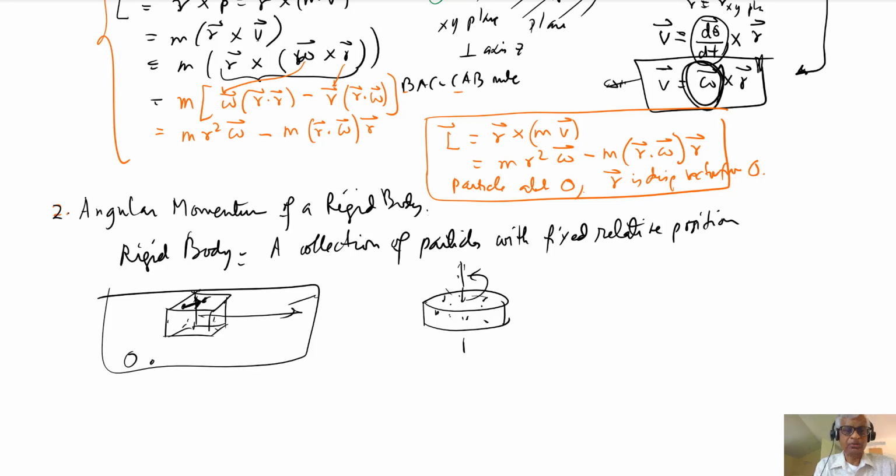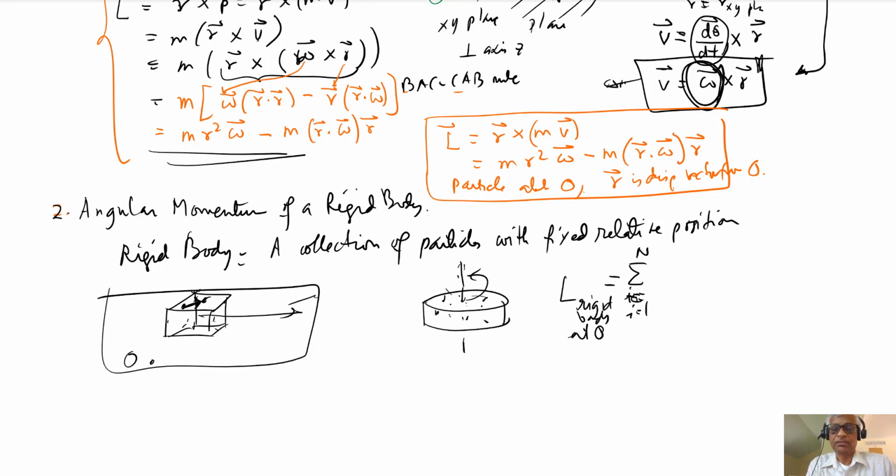So how do you find the angular momentum of a rigid body? Well, over here is the angular momentum of a single point mass, and this one has a whole bunch of point masses. So L of the rigid body about some O will be the sum over all the particles, for i equals 1 through n particles. N can be very large, however, it can be infinite here.